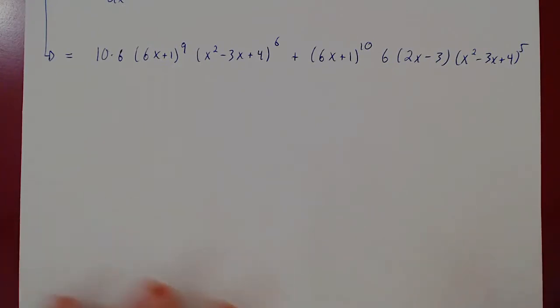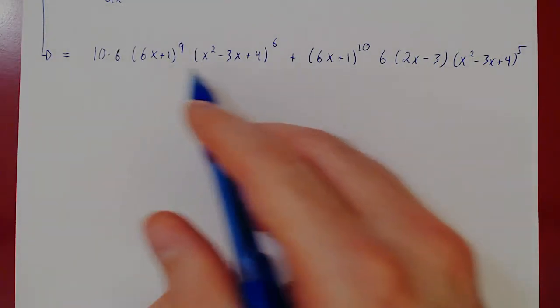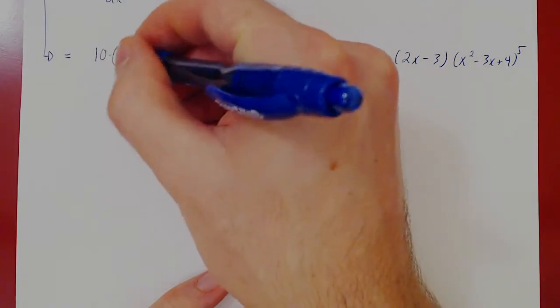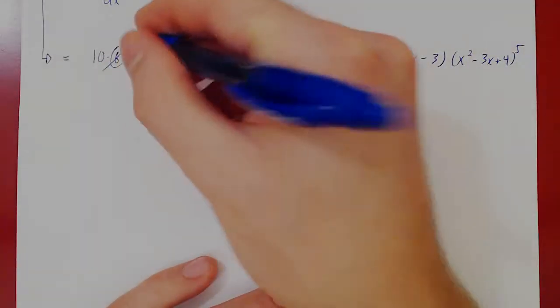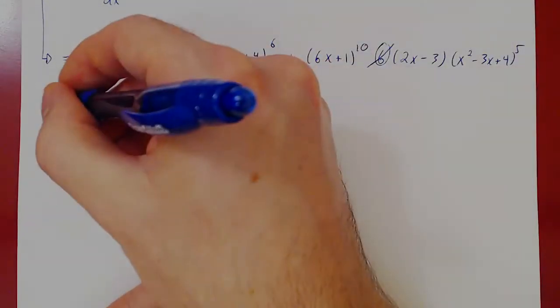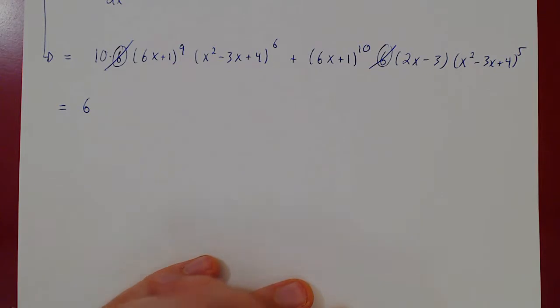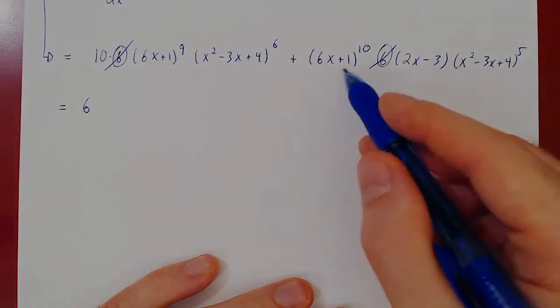The rest is algebra. And again, when you want to simplify a sum of two completely factored expressions, you pull out as many common factors as you can. Well, if you look, there's a 6 here and a 6 here. So we can factor that out. We take it away. What else can we factor out? There's 6x plus 1 to the 9. There's 6x plus 1 to the 10.